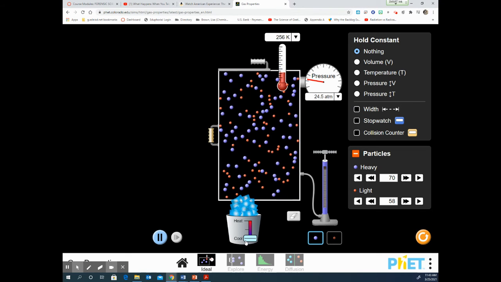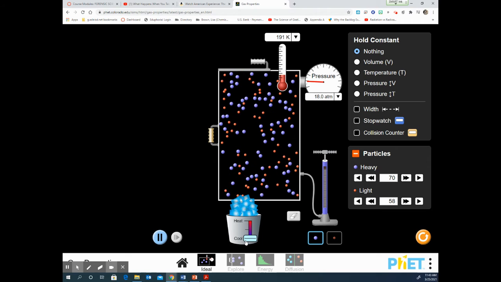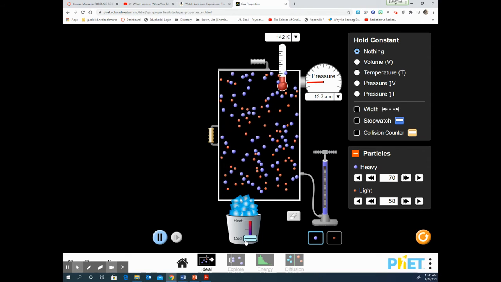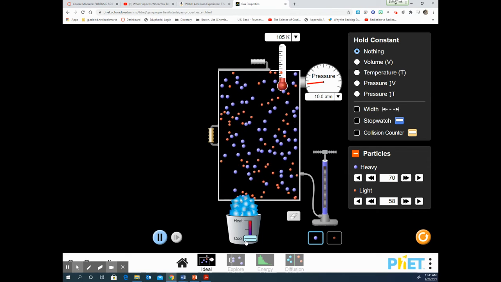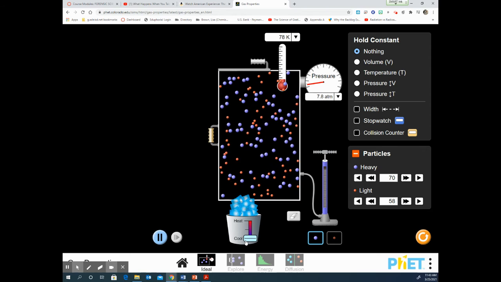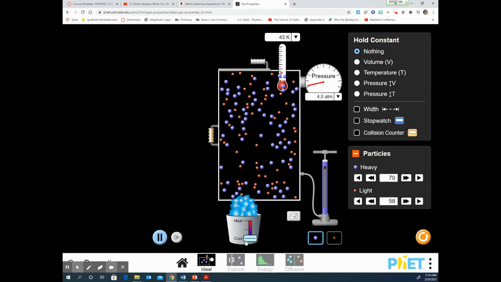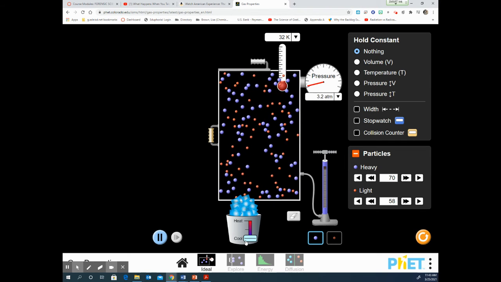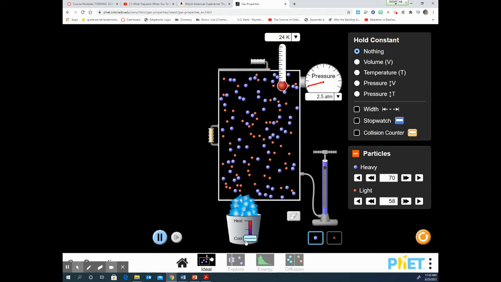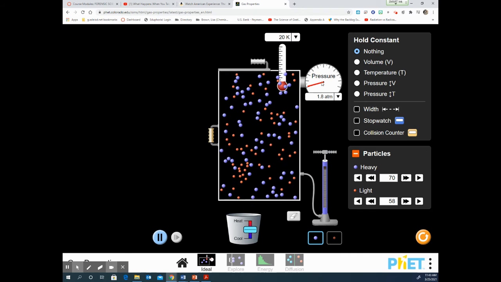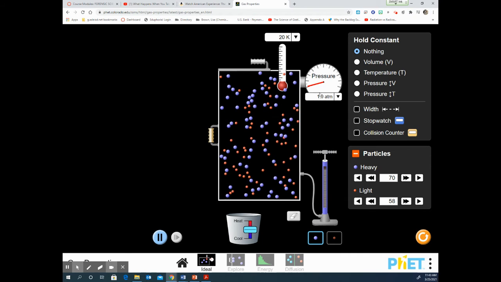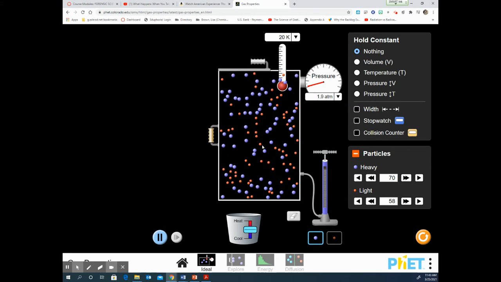As they get colder, they get slower until they eventually come all together and turn into a liquid. That's a phase change from a gas to a liquid. It's going to stay in the gas stage now, but you can see they're moving way slower, and the pressure has dropped so much because we just got it colder.